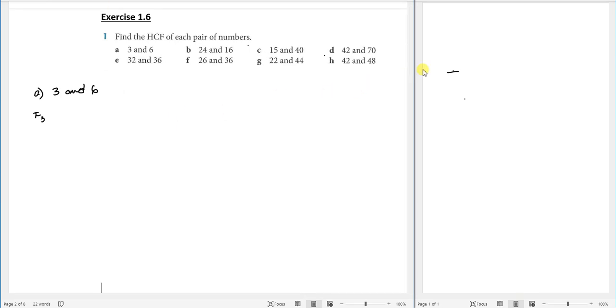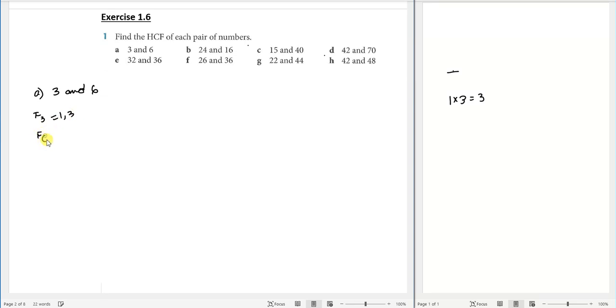I have taken an extra space just for the rough work because I don't want to make this space very messy. We are going to find the factors of 3. 1 times 3 is equal to 3. So that's it. F3 is equal to 1 and 3.